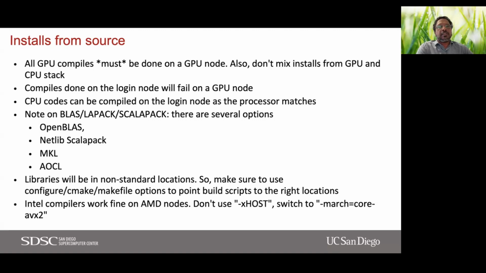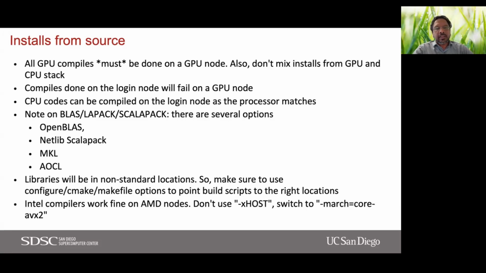The only thing to keep in mind is if your compile needs a lot of memory, which happens sometimes, right? You end up needing 15 gigabytes of memory because the compiler optimization is trying to do too many things and it uses a lot of memory. Then it's going to fail. And if that happens, again, the solution is to just get interactive access to a compute node and compile there.